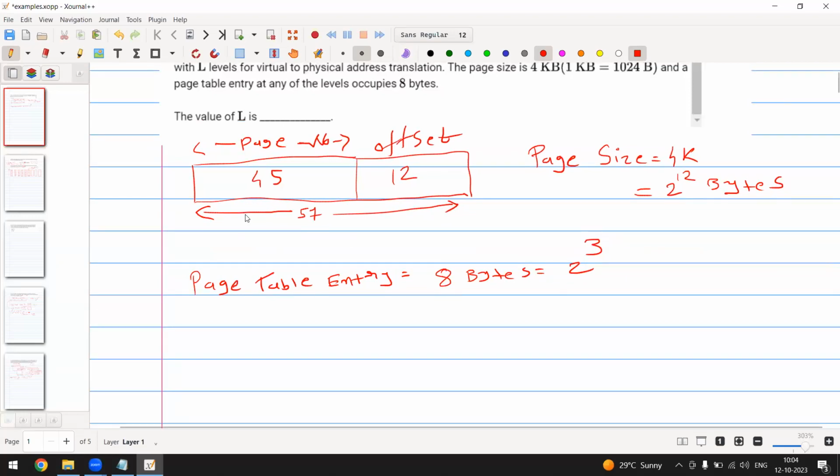So how many page table entries are there?